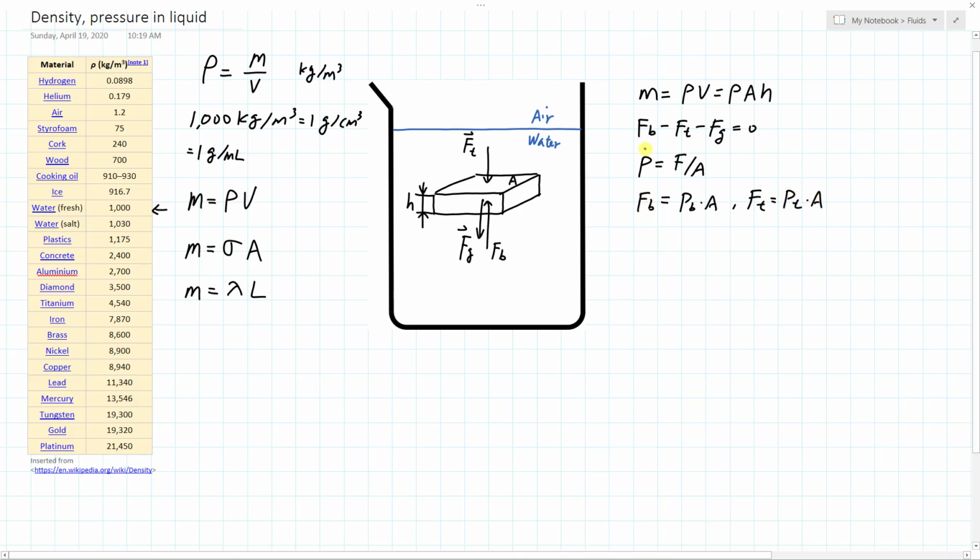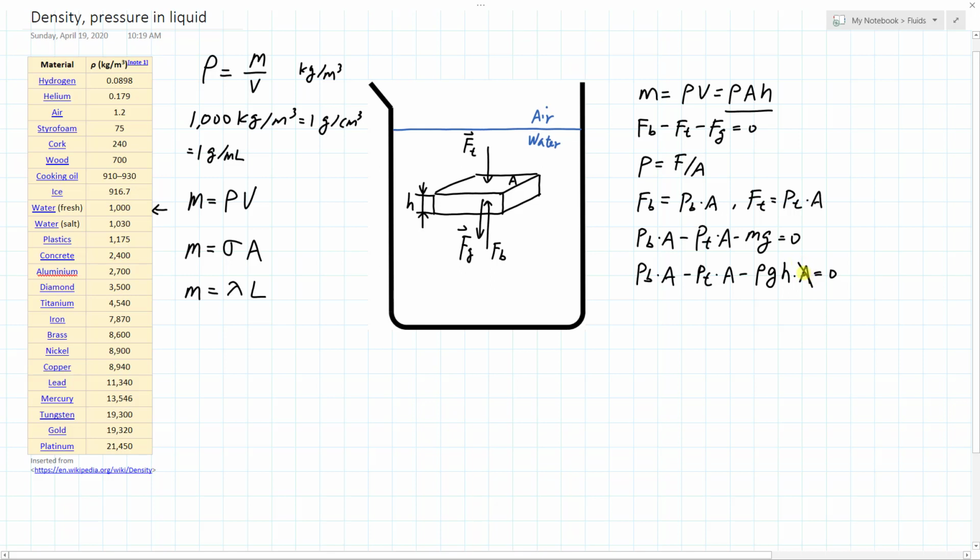So we replace these forces with what we just got. So bottom pressure times area minus top pressure times area minus mass times gravity equals 0. And we can replace mass with this expression, so that we have pressure bottom times area minus pressure top times area minus rho g h also times area equals 0.